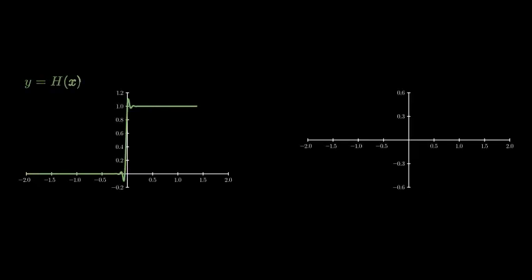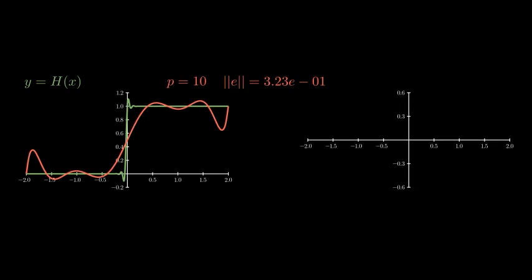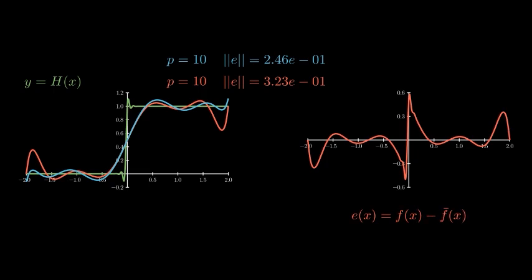So now let's go back to our Heaviside example and see the basic differences between an interpolation fit and a projection based fit in a little more detail. So now we have a 10th order polynomial with the interpolation being the red curve. The boundary errors are very large, but with projection based fitting, the boundary errors are small, and we can see that the error in the non-boundary values in the projection based fit is lower.